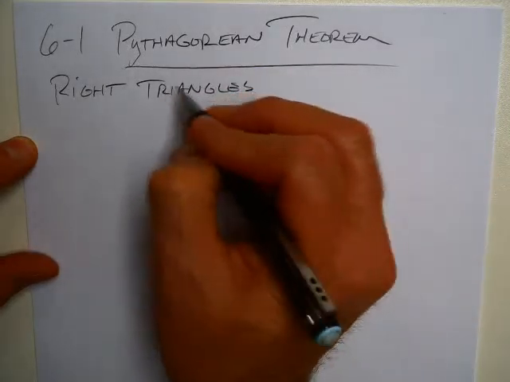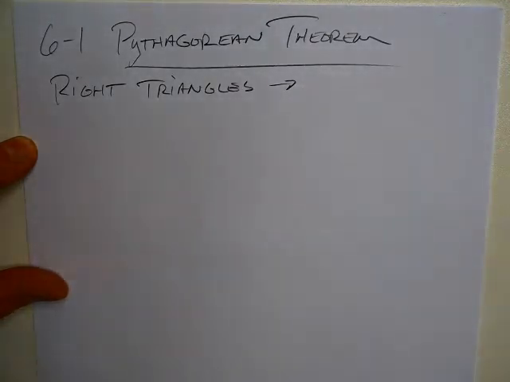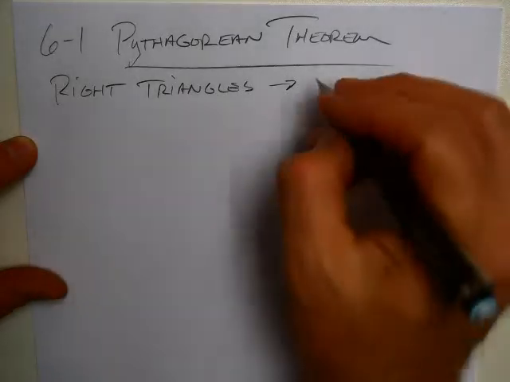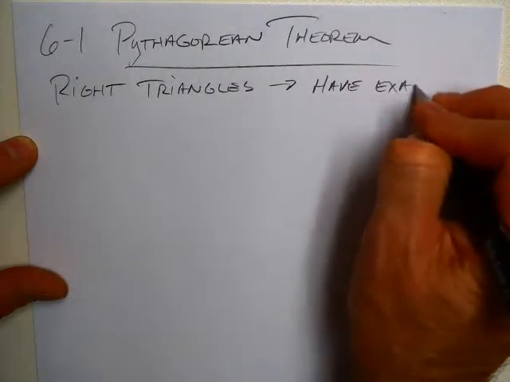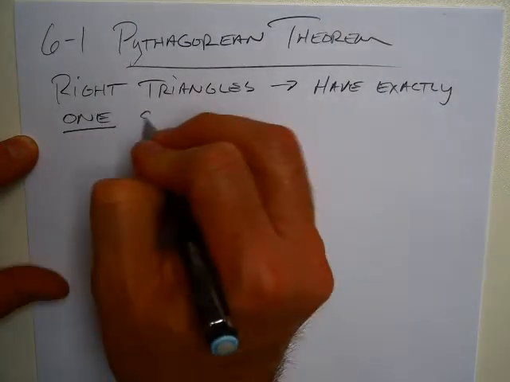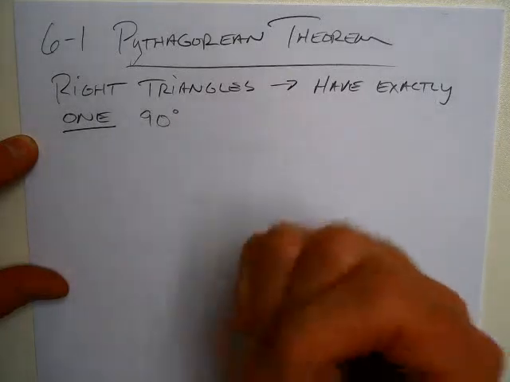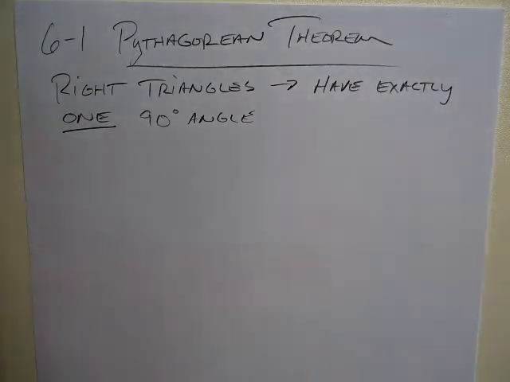He was noticing something about right triangles one day. And the first thing is we need to kind of define a right triangle. Right triangles have exactly one 90-degree angle.